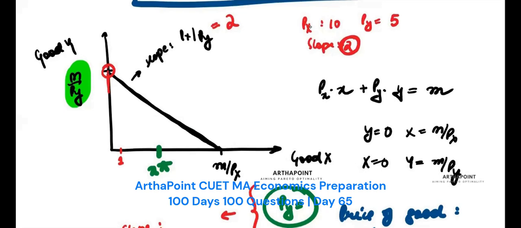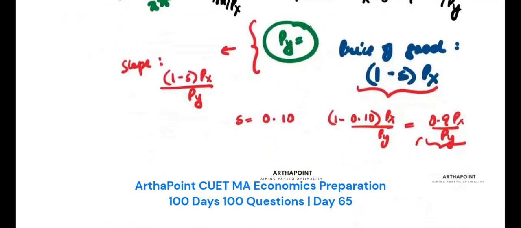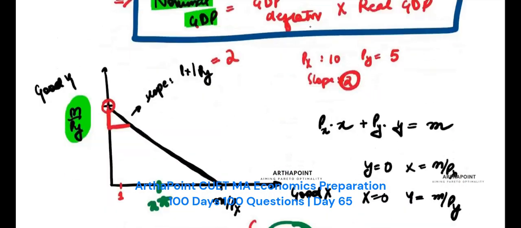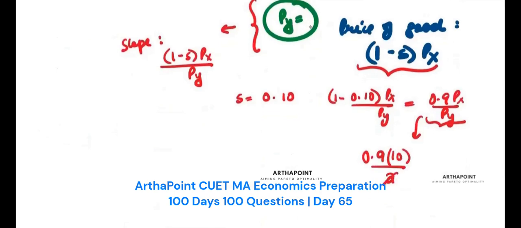For every perpendicular of 2, the base is 1. And here I am saying that this is 0.9. Price is the same, I'm keeping price as 10 by 5. So we get 2 here, and this is 1.8.